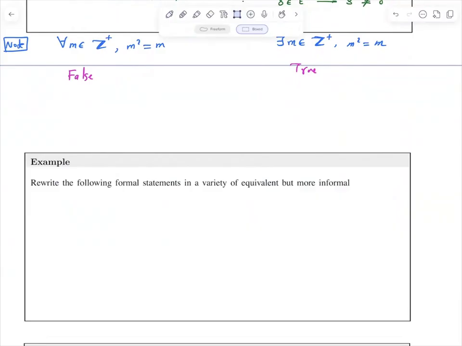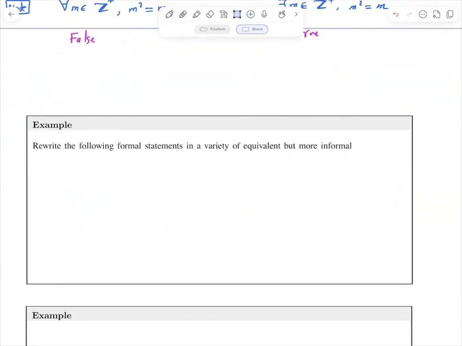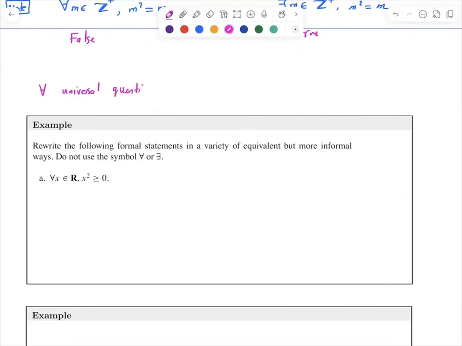In this example, I'm going to rewrite the following formal statements in a variety of equivalent forms. And it says do not use universal quantifier or existential quantifier. So again, remember that this symbol is called universal quantifier. It says for any, for all, for every, and so on.